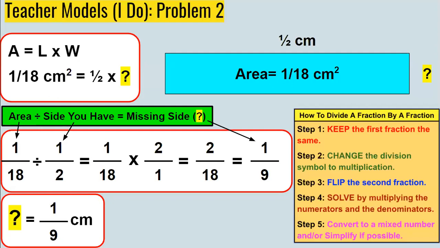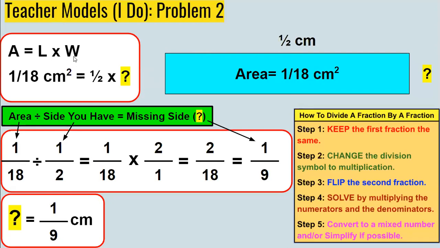Okay, let's try this, and it'll take a little longer because it's using fractions. We know area equals length times width. We have an area of 1/18 centimeter. This is easy. Don't get scared by the fraction. 1/18 area, and we have a length of 1/2.